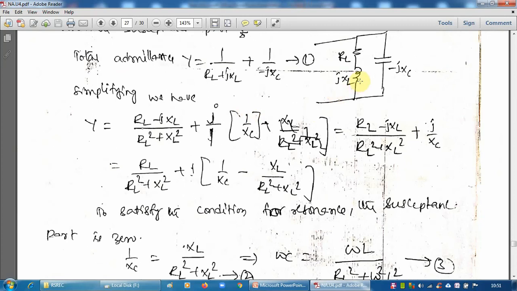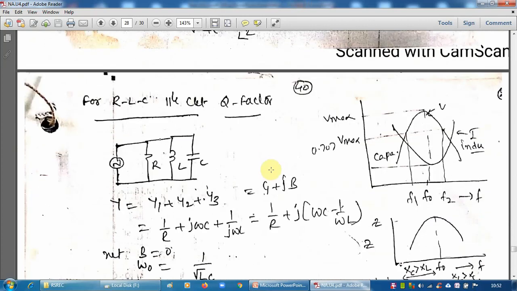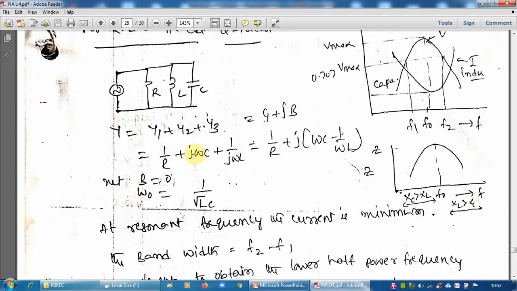Whatever the parallel circuit may be, we can get the expression for resonant frequency simply by equating the net susceptance of the total admittance to 0. Now, as in the previous case, if you want to define the basic parameters like bandwidth, quality factor, etc., again we can take the ideal circuit.